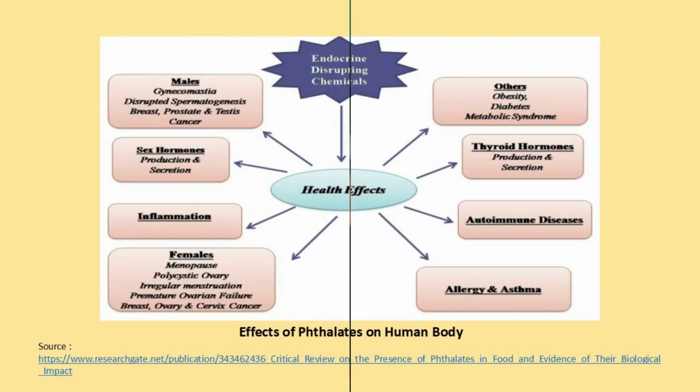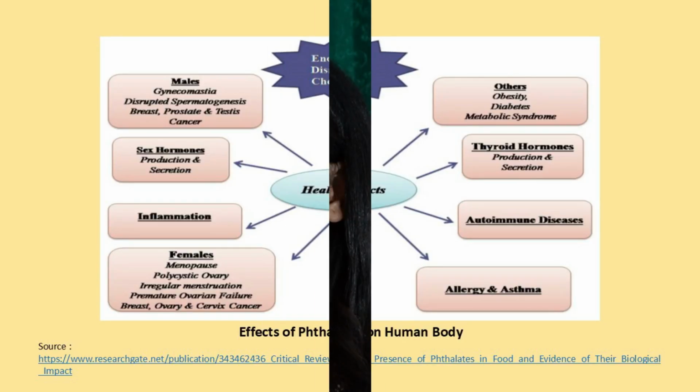Well, what are the effects of phthalates on the human body? The effects may include the production and secretion of sex hormones, and it may also cause inflammation. It may cause gynecomastia in males and disrupted spermatogenesis, almost similar to BPA, and also cause breast, prostate, and testis cancer.